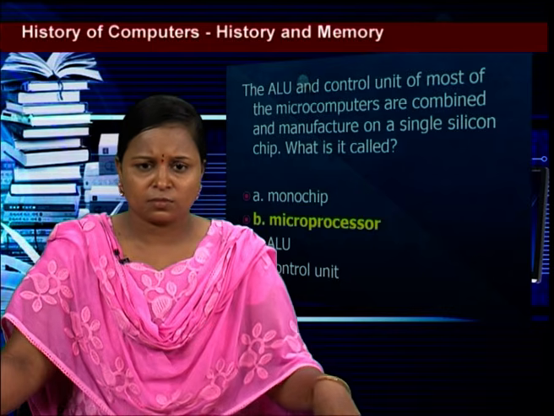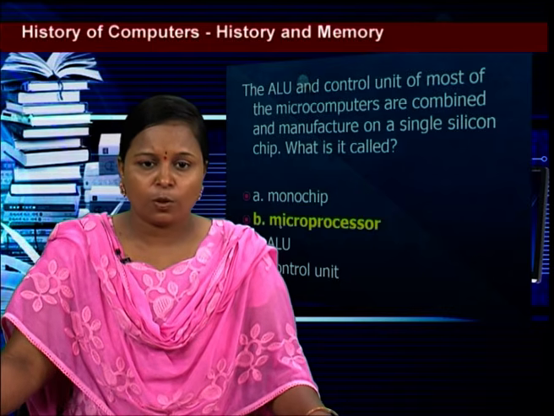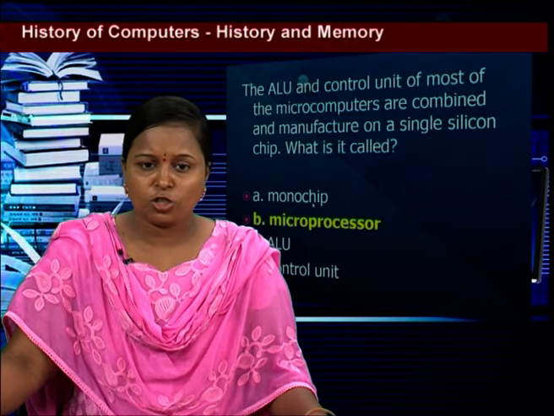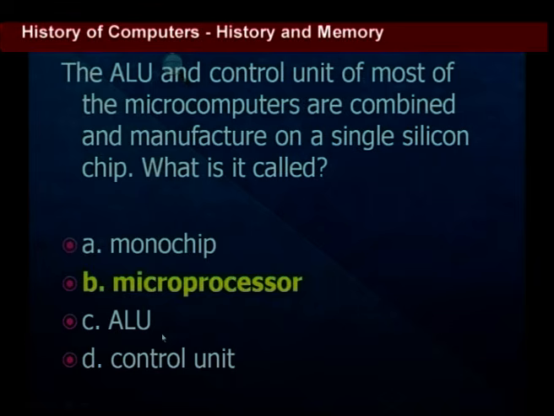The motherboard is the main part of the CPU. In this, the microprocessor is there. Monochip, microprocessor. ALU is part of the CPU and the control unit is also part of the CPU, but the microprocessor is manufactured as a silicon chip. So that is different from the remaining three options. This is the correct answer for this question.